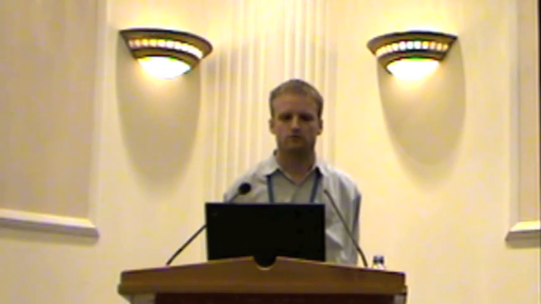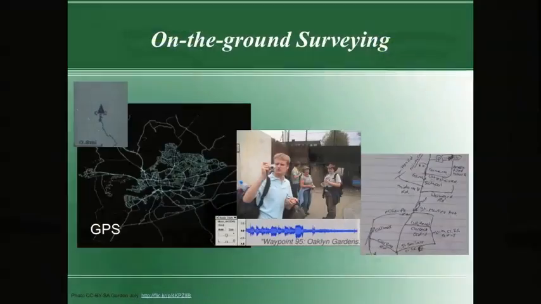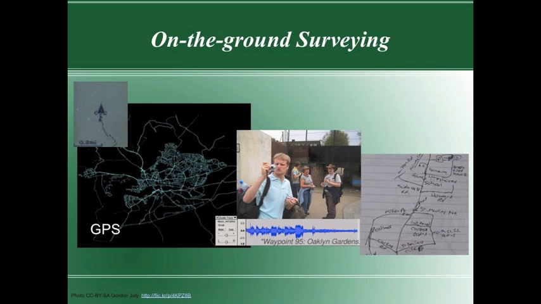So how do we go about building these maps from scratch? As I say, even in the developed world, we do have to build the maps from scratch. And the way we've done this from an on-the-ground point of view is with GPS traces, so we go around with a consumer GPS device, walk around every street in a town, for example, and build a skeleton layout, which you can see in the bottom left example there.